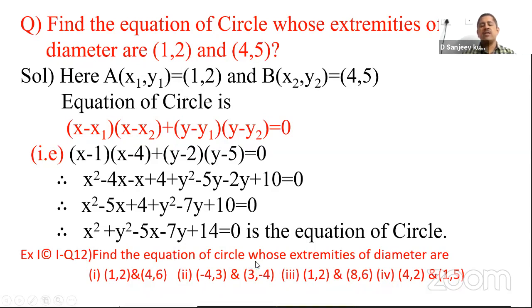Find the equation of the circle whose extremities of the diameter are given as (1, 2) and (4, 6); (−4, 3) and (3, −4); likewise (1, 2) and (8, 6); (4, 2) and (1, 5). So quickly make a note of the exercise, or you can take a snapshot. If you're watching on mobile, you can take a snapshot after rerunning the entire video.